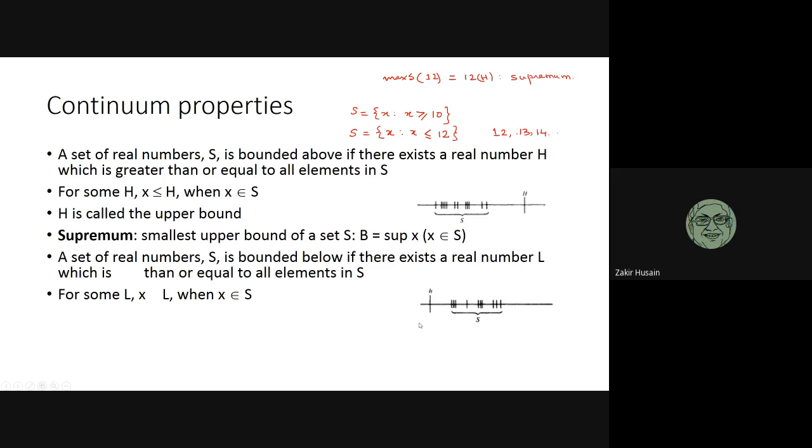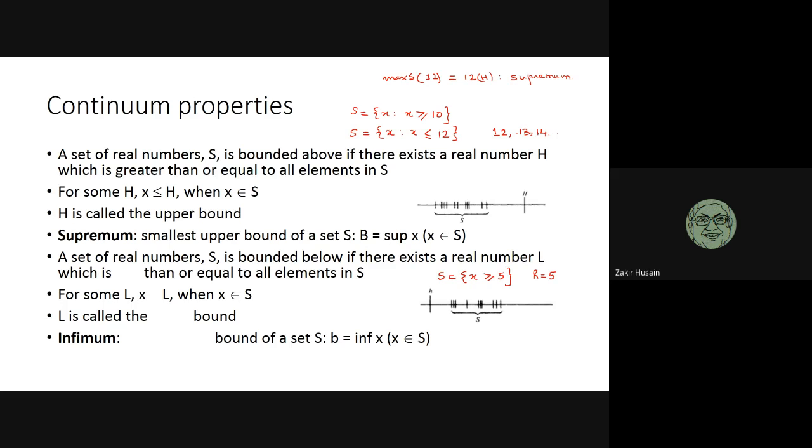But again, just as in the case of the maximum, let us say x is 5. In that case, if we take h equal to 5, we see that it is equal to the minimum of the set. So again, if you have a lower boundary, you will have many lower boundaries. You will have a collection of lower boundaries, and the highest lower bound is called the infimum.